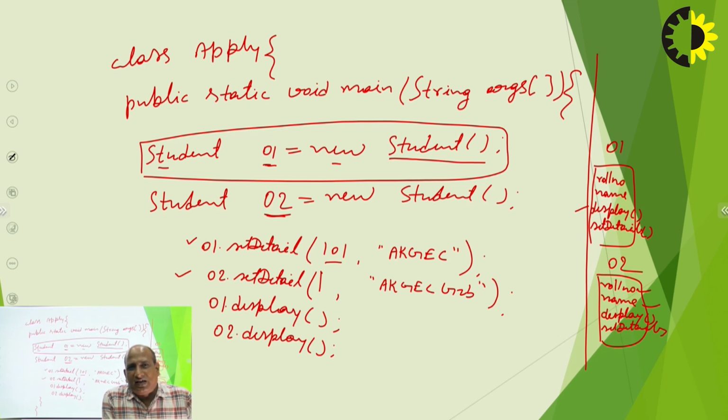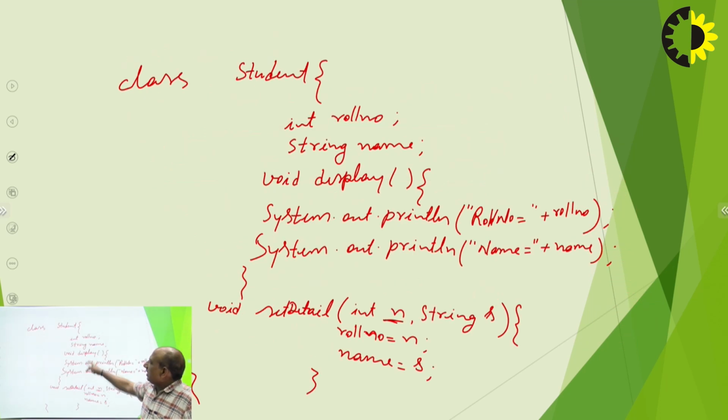After creating a class, you can create the object of that class, and by that object you can call the members of the class. I hope you understood how to create a class and how to create an object. Now you can see here that the member of the class may be called only through the object.